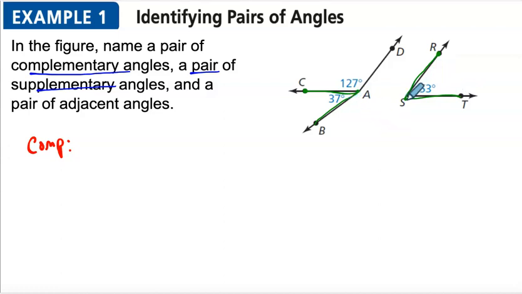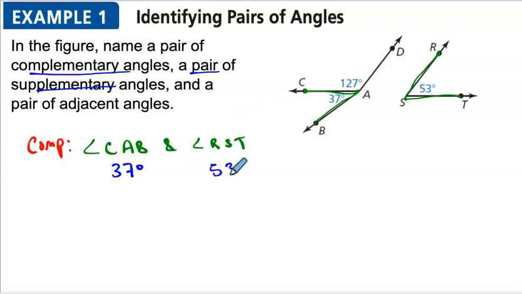And 53 and 37 gives you 90. So my complementary angles here are CAB and RST, because CAB is 37 degrees, RST is 53 degrees, and the sum of those two together is 90 degrees.